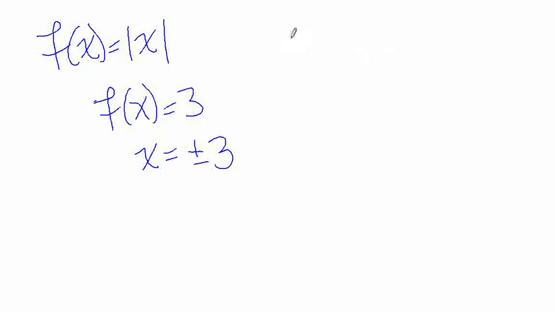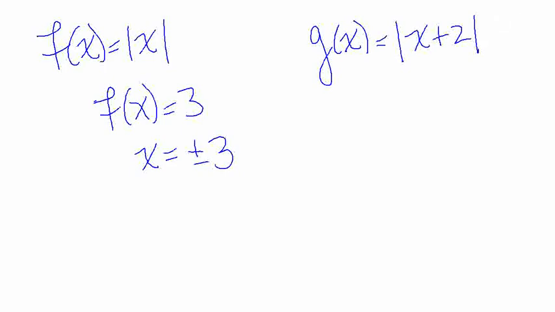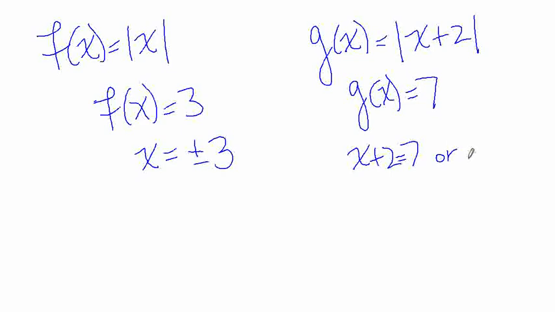Okay, suppose we had an absolute value function g of x that was equal to the absolute value of x plus 2. And we wanted to know what x values made that function equal to 7. g of x equals 7. Okay, again, thinking about distances from the origin, we want either x plus 2 to equal 7, or just as well, we want x plus 2 to equal minus 7, right?